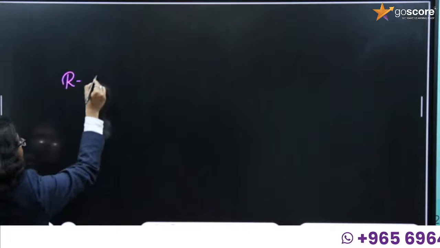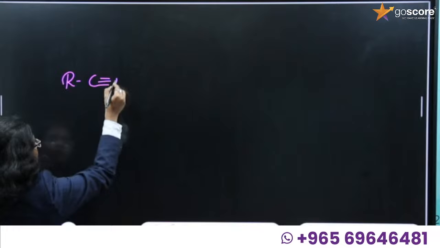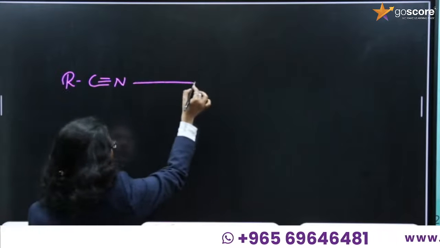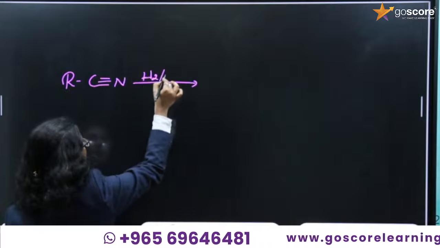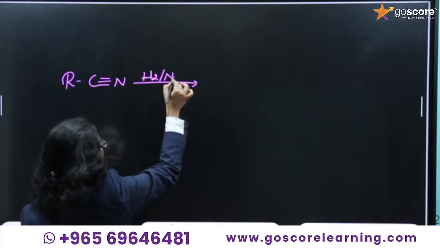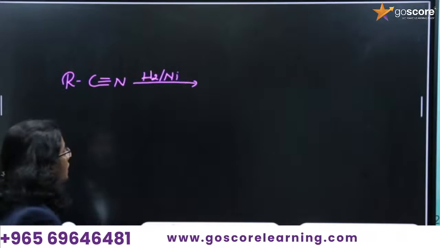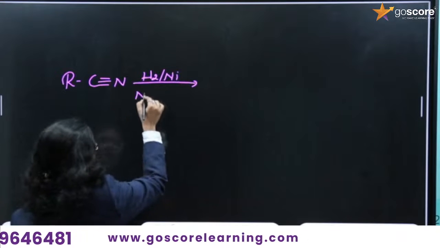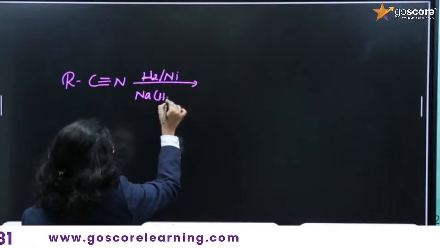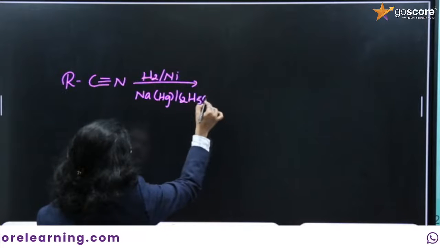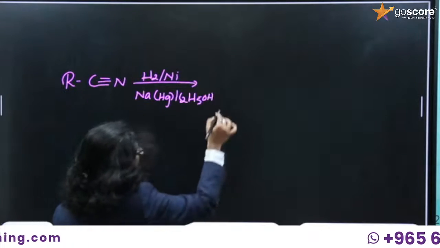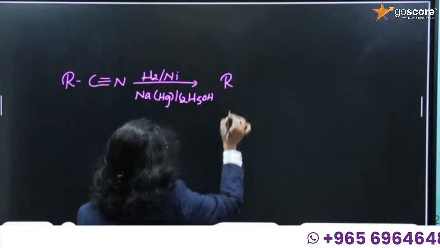Nitriles on reduction with H2/nickel, or sodium and mercury in ethanol, you will get RCH2NH2.